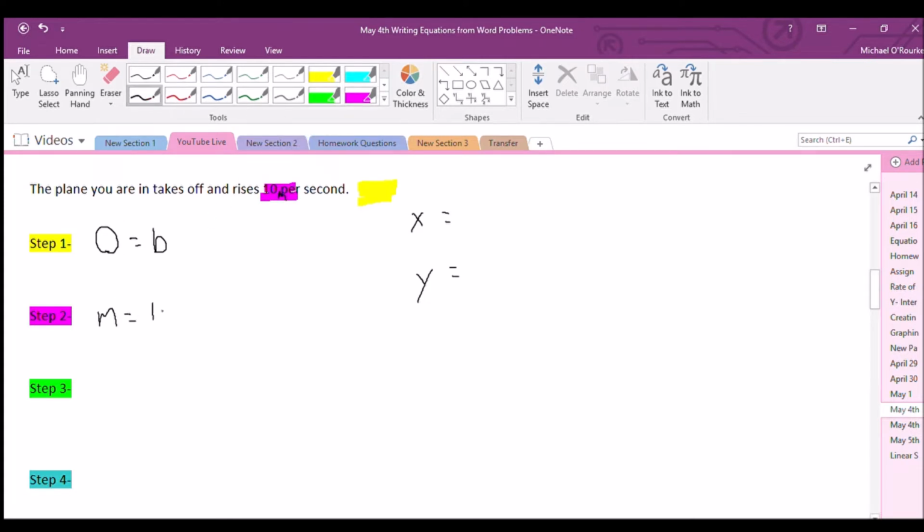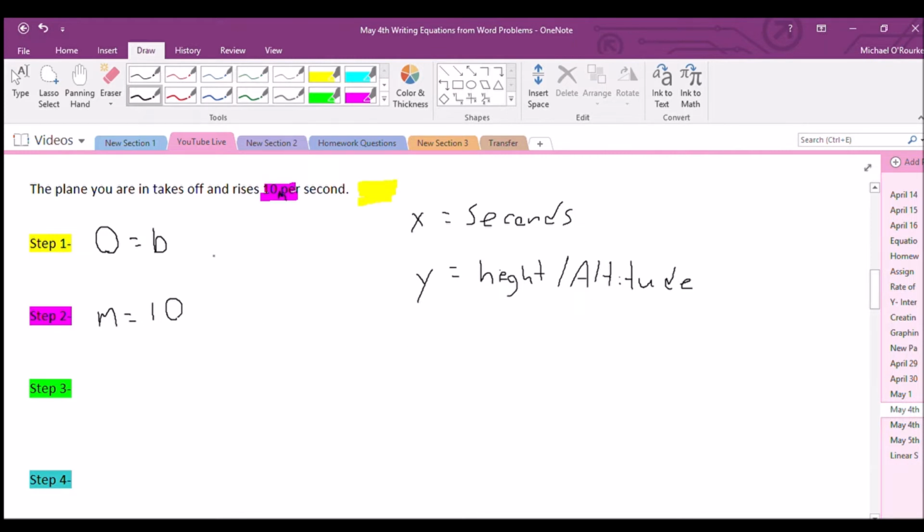M equals 10. If we look here, it's 10 meters per second. So realistically, x is seconds, and then y is going to be height, or altitude.